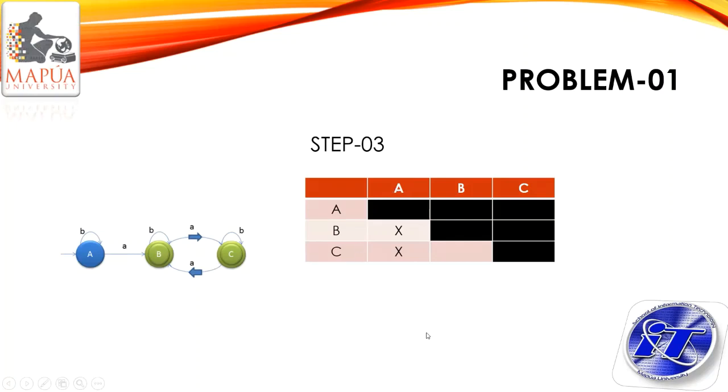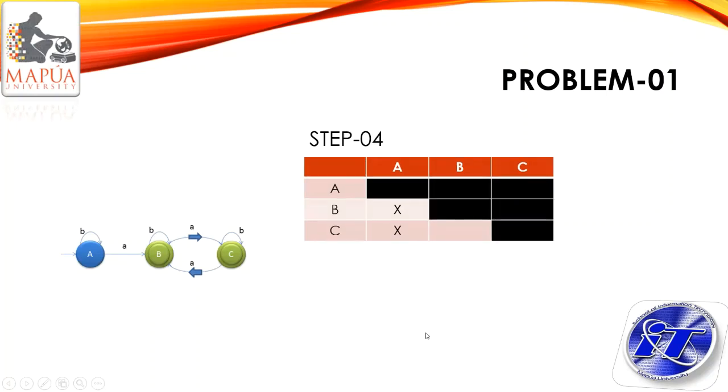So we have 2 groups: one that includes BC and another that includes A. Step 5, draw. A is still the initial state. If we have B, it will just loop within itself. And if it's A, it will go to BC. Whatever the value in BC, it will just loop within itself.